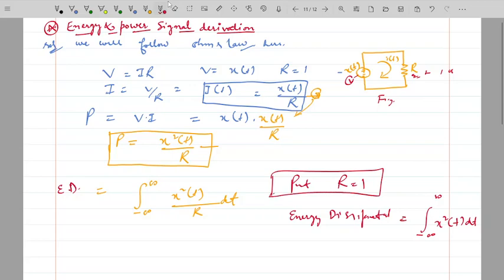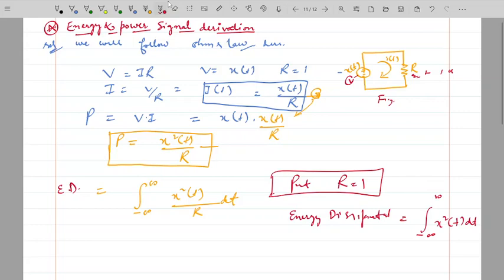So the energy dissipated in the resistor, the signal energy E, may be interpreted as the energy dissipated in a unit resistor, when the voltage x of t is applied across the unit resistor. There are two types of signals, real signals and complex valued signals.